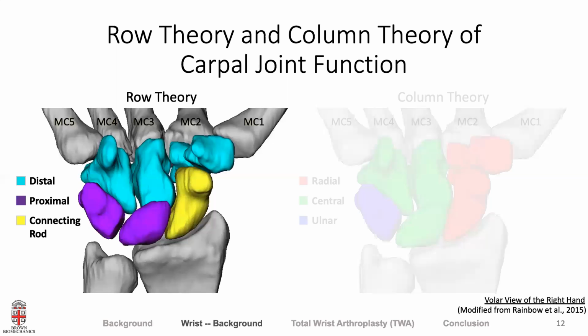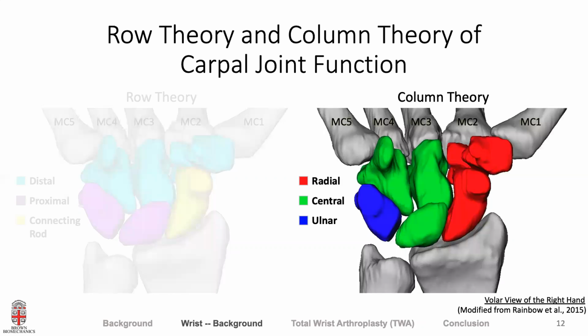It states that wrist flexion and extension occur between the two rows, while wrist radial and ulnar deviation primarily occurs at the articulation of the scaphoid. The other theory is the column theory, which organizes the carpal bones into radial, central, and ulnar columns. It states that wrist flexion and extension mainly take place in the central column, and wrist radial ulnar deviation is the rotation about that column.